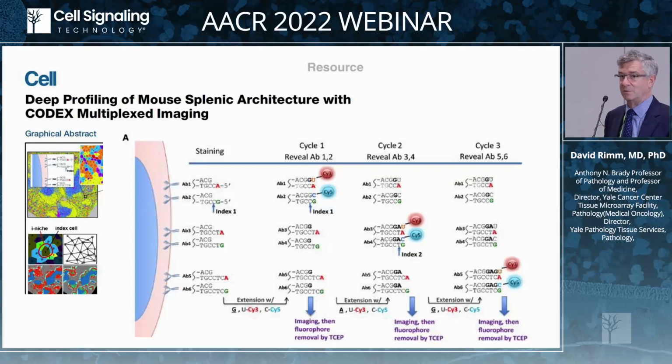So I thought this method was really cool, but the problem is it works really well on frozen sections, but not so well on FFPE, because there's no amplification step. Now, this has since been commercialized, and you can go see the Akoya booth out there, and they claim they've gotten up to 100 multiplex with this method.